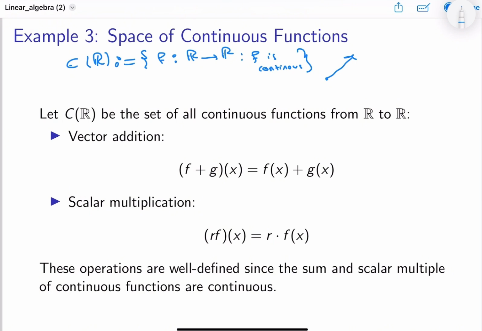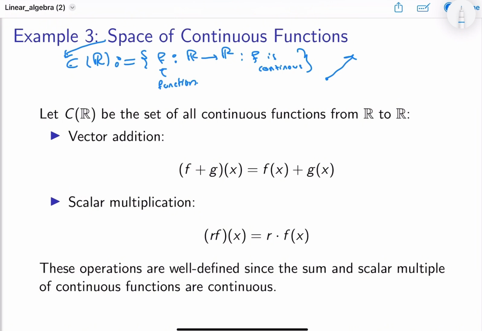So this is the space of continuous functions. As you see here, the vector that we're talking about is a function. So the vector is now a function. It's no longer a tuple. It's no longer a real number, as in R or R2 or Rn.